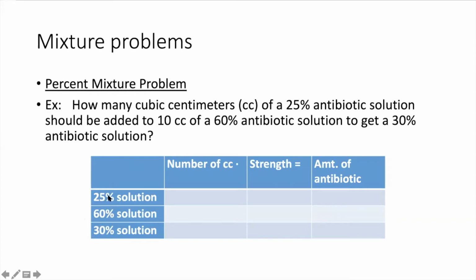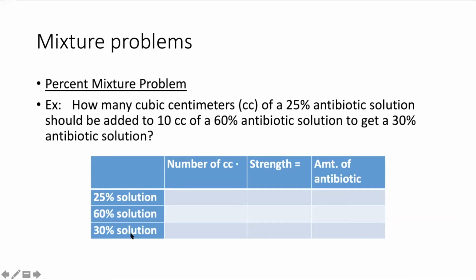Well, let's start with how we label the rows. The rows are labeled with the ingredients that are being mixed together, and the bottom row represents the mixture. So we're combining a 25% solution with a 60% solution to get a 30% solution.